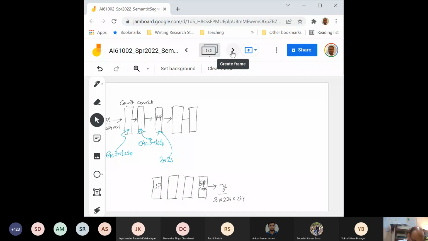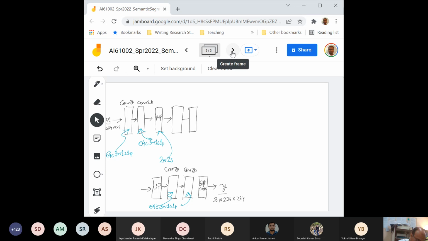Okay, so here let's come down one by one. This is a conv 2D, this is a conv 2D, and this is an unpooling layer. Now for this conv 2D, you will have the same kind of thing, so it will be 64C, 3W, 1S, 1P. Even for this one it's going to be the same.